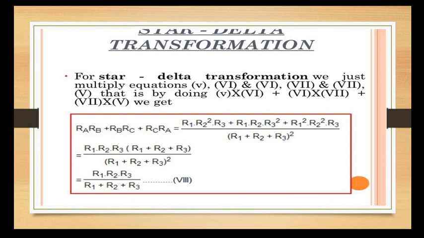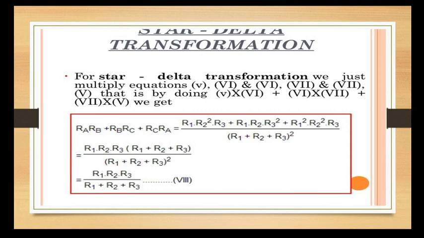So what we are doing is we are multiplying 5th and 6th equation, 6th and 7th equation, also 7th and 5th equation. So 3 multiplications are done and all these 3 equations are added. That is 5th into 6th equation plus 6th into 7th equation plus 7th into 5th equation is done and we got this long equation.